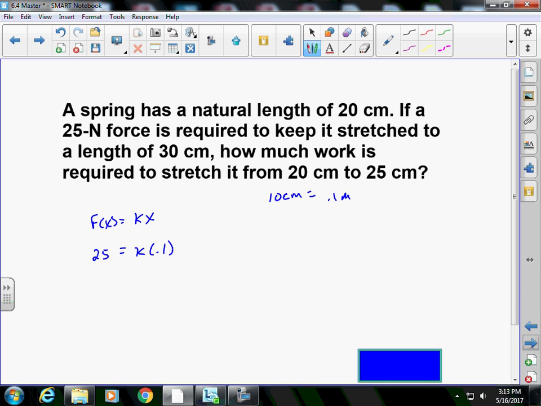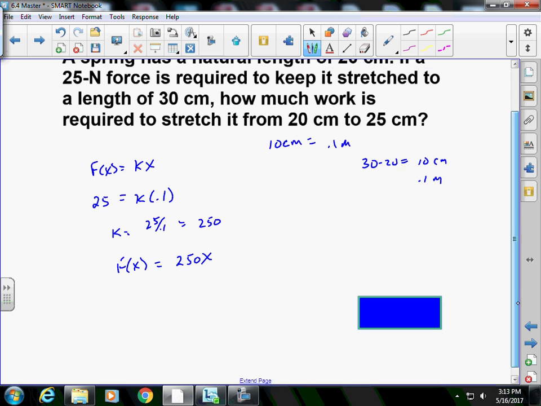Because it's stretched to 30 centimeters, so it's 30 subtract 20, 10 centimeters, or 0.1 meters. Again, the conversion. K is then equal to 25 divided by 0.1, or 250. So the force, the function f of x, is equal to 250 x.